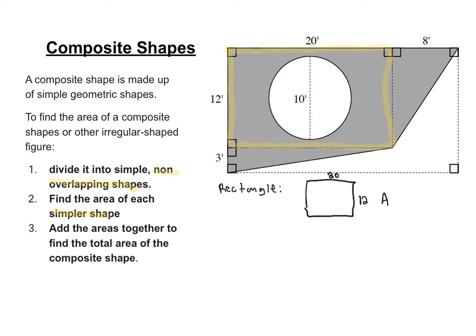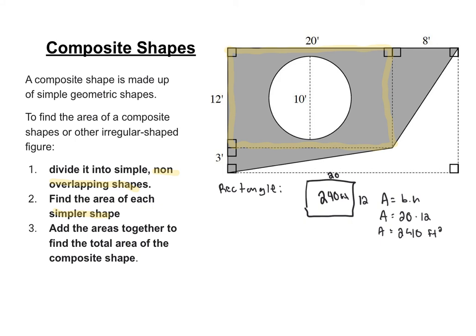So if my area is my base times height, then my area of this is 20 times 12. So my area is 240 feet squared. Okay, I'm not going to worry about that circle quite yet.